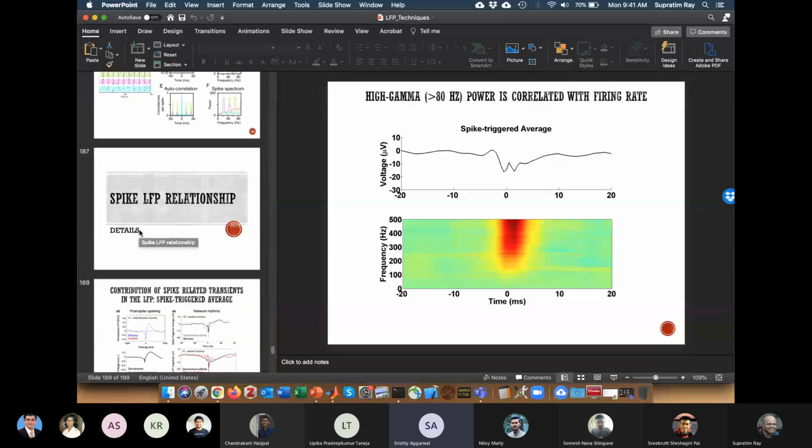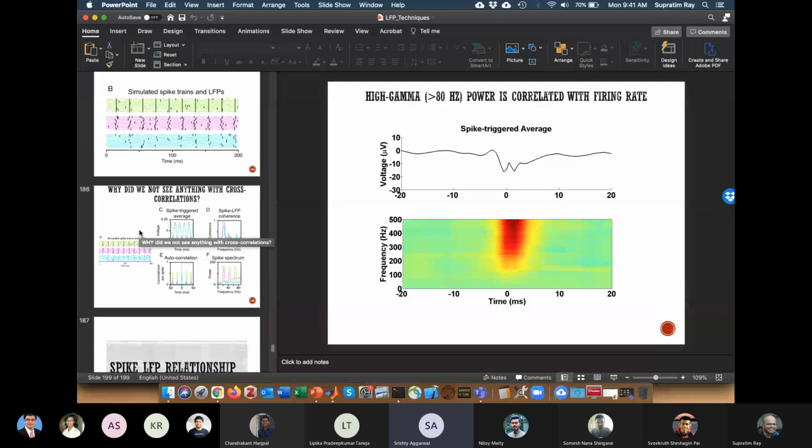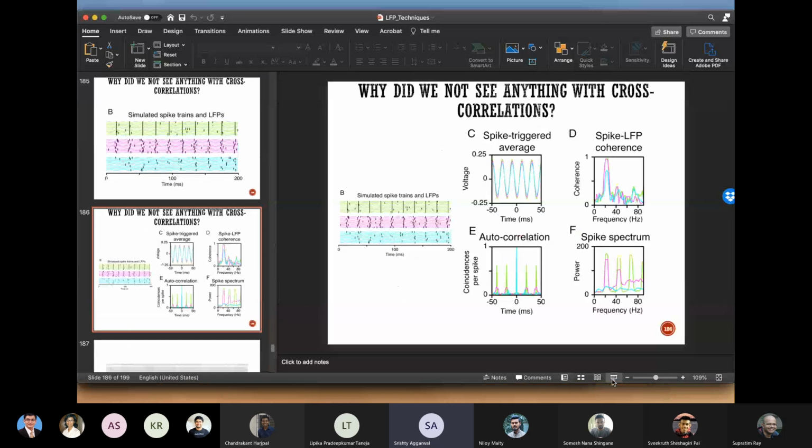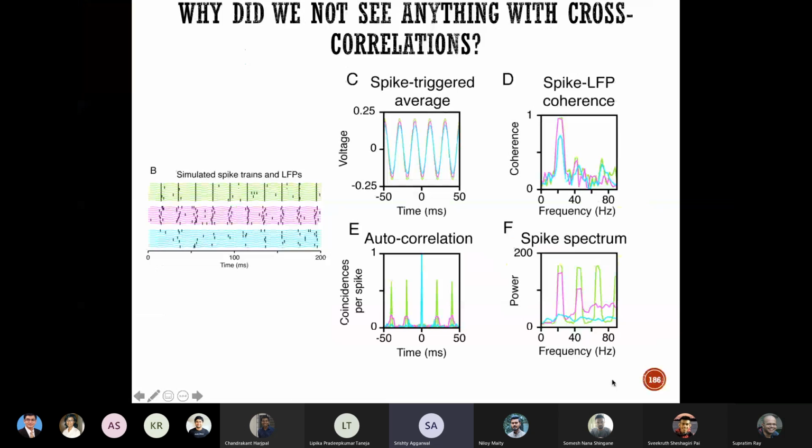I'm just doubtful that when we have the spike coherence, we don't know anything about the gamma and everything. So why is the data for spike relations not reliable at all? Well, it depends on how strong the coupling is. If the coupling between gamma and spikes is very strong, like this green case here, you would see that in the spike spectrum also.